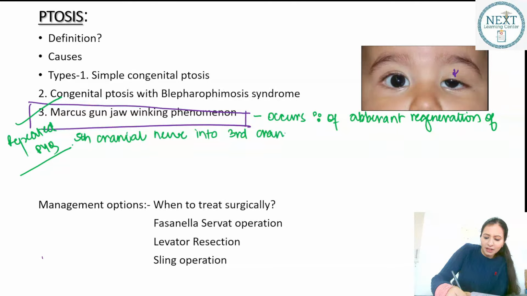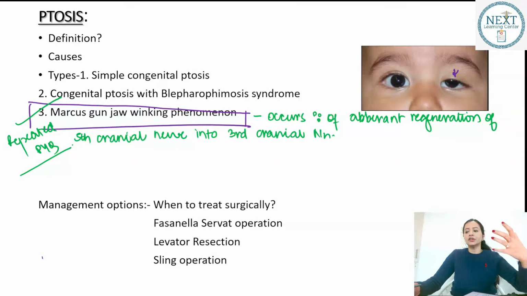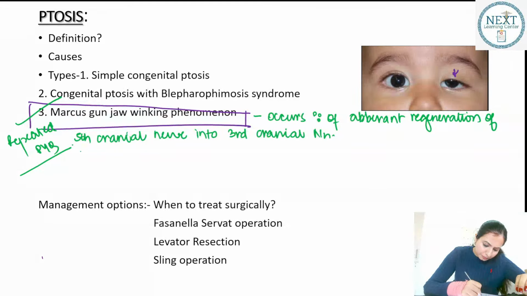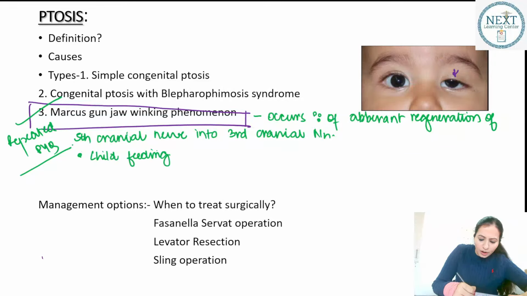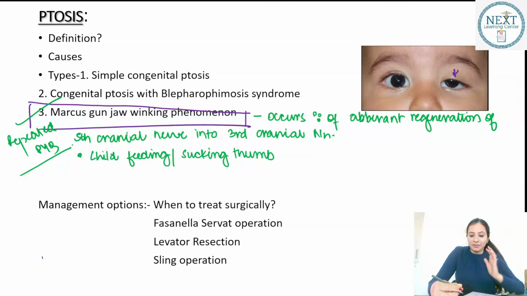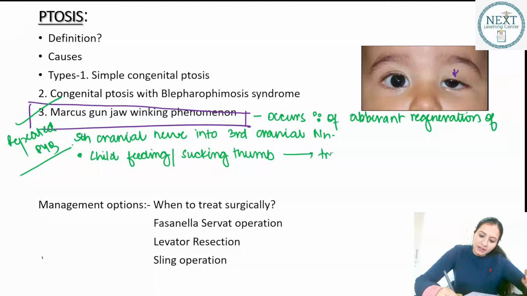So what is happening now? The fifth cranial nerve is supplying the third cranial nerve. In any situation, such as when the child is feeding or sucking a thumb, when the child uses the pterygoid muscles, there will be a transient elevation of the eyelid.